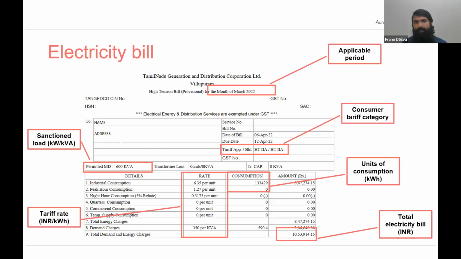To further explain how we can understand our consumption from the boundary conditions that have already been laid out, we can take reference of the electricity bill provided to us by the Tamil Nadu Electricity Department.